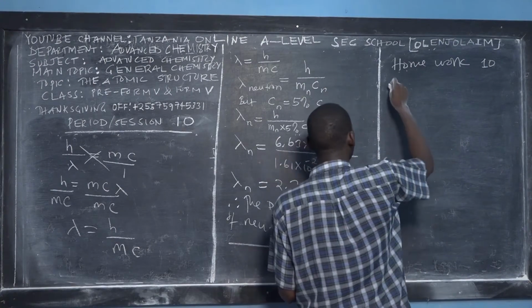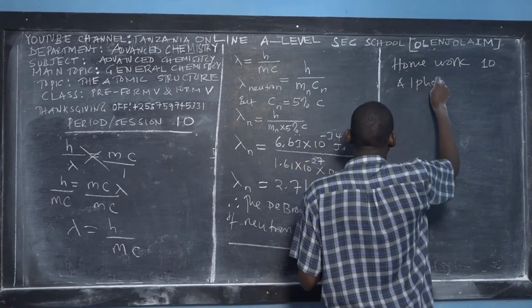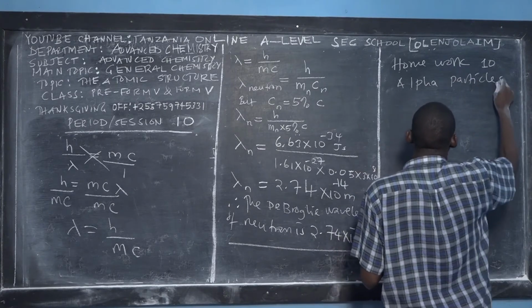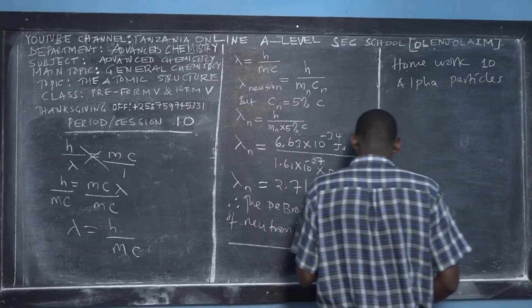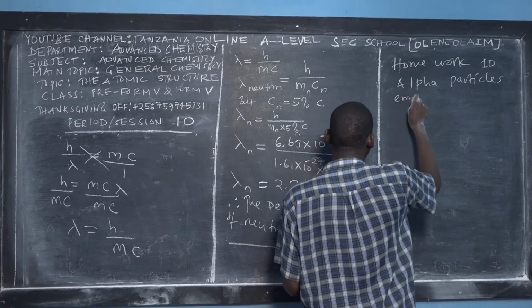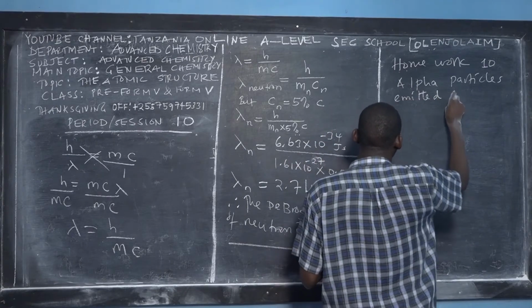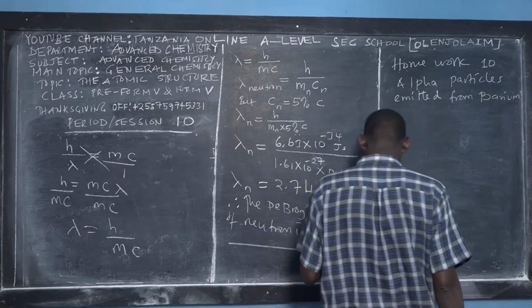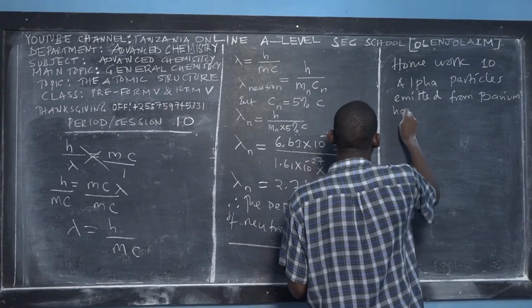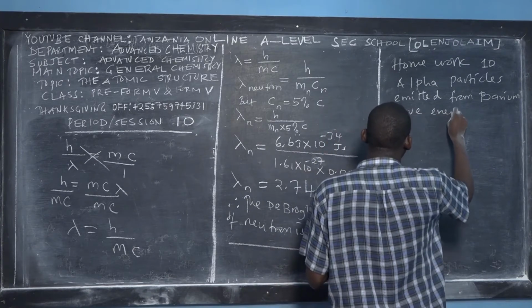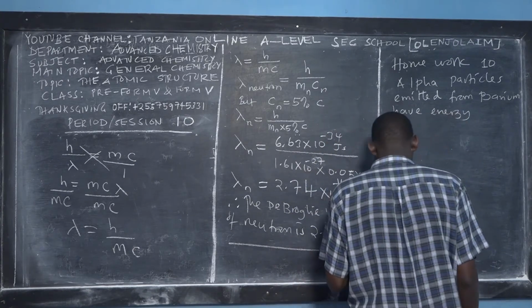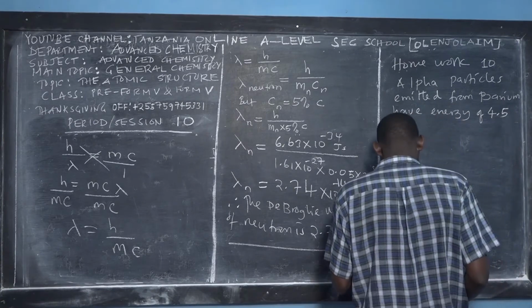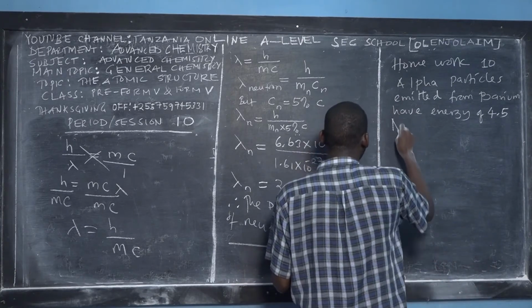It is stated like this: alpha particles emitted from barium have energy of 4.5 mega electron volt.